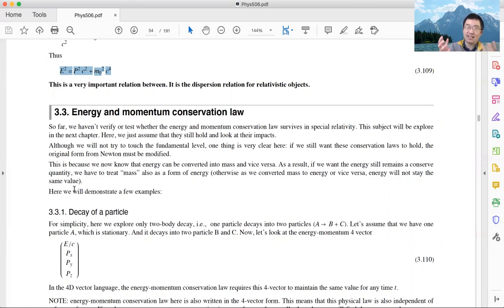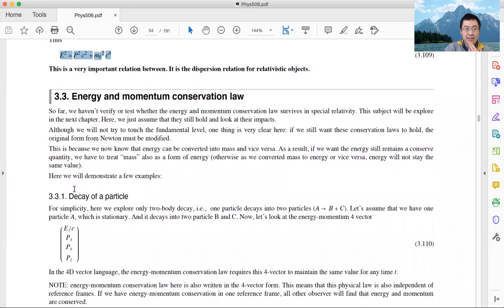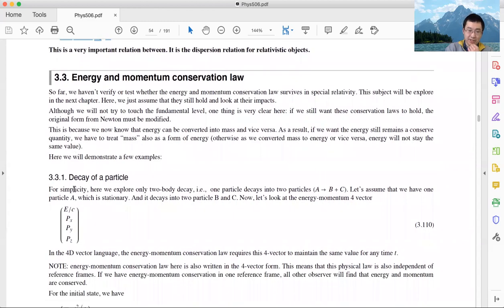We can't just add kinetic energy and potential energy together and require this quantity to be conserved before and after some collision event or some decay. We have to take into account the mass and the energy associated with the mass, that's mass times speed of light squared. So let's demonstrate this with a couple of examples.